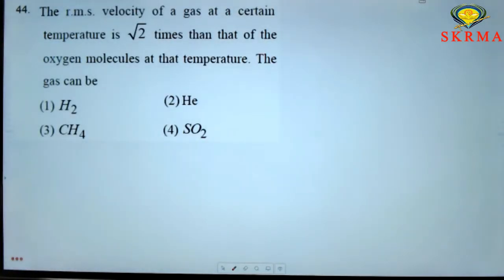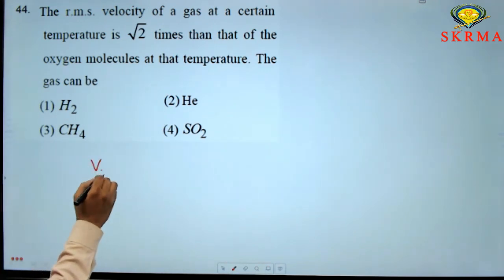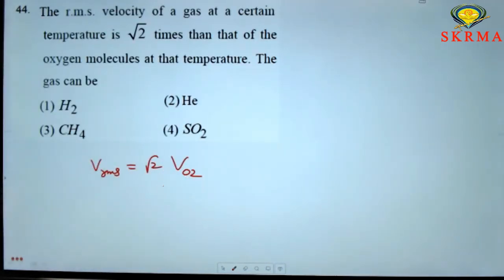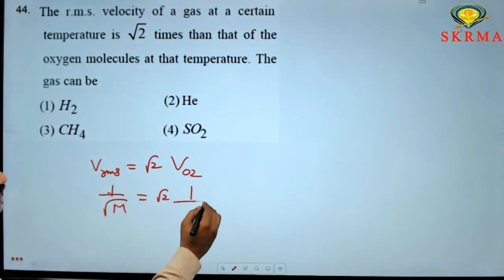Next, 34. The RMS velocity of a gas at a certain temperature is √2 times that of an oxygen molecule at the same temperature, then the gas may be. So RMS velocity of the certain gas is equal to √2 times the RMS velocity of oxygen. RMS velocity formula is square root of 3RT by M, that means inversely proportional to root M. 1 by root M equal to √2 into 1 by square root of M for oxygen.